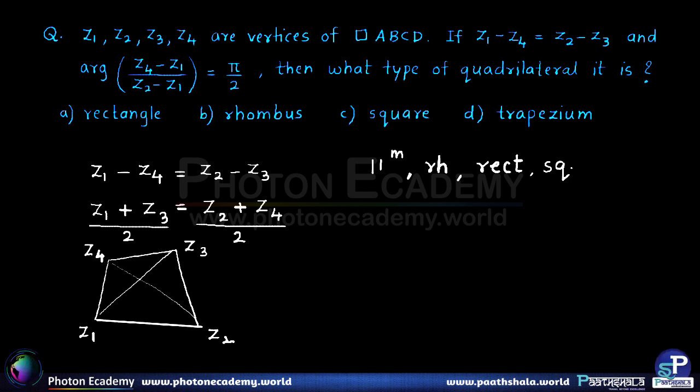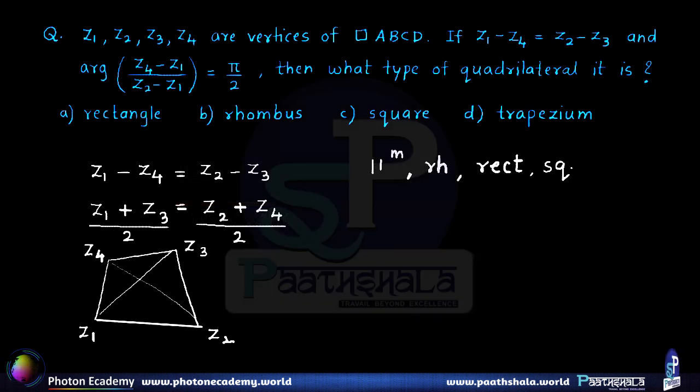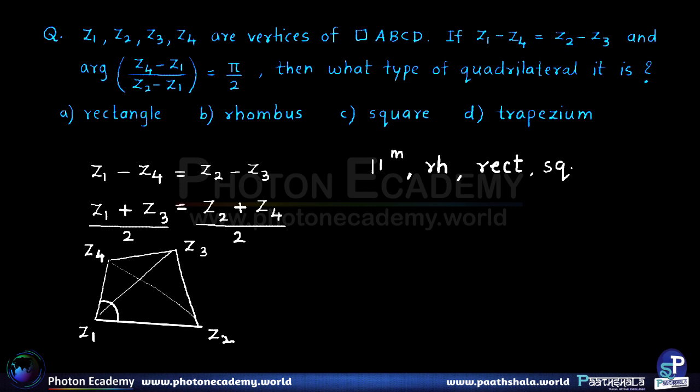But now let us couple that with the second fact, that is we are given the argument of (Z4 minus Z1) upon (Z2 minus Z1) is pi by 2, which is 90 degrees. So that means the angle between Z4 Z1 and Z2 Z1 is 90 degrees.